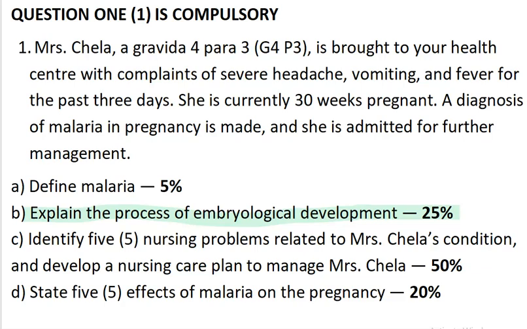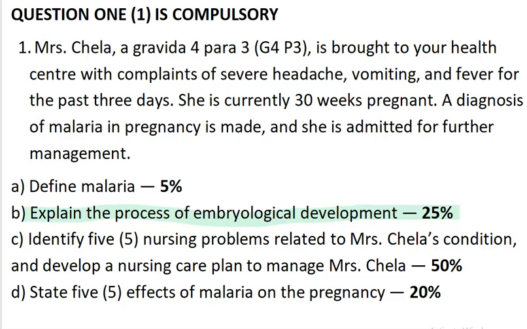So here, their focus is on the effects of malaria on pregnancy, which includes the effects on the embryo, on the embryological development. Hence, the question on B, which says explain the process of embryological development.